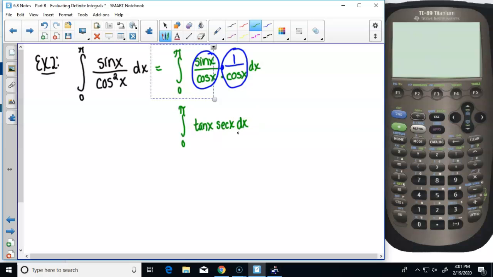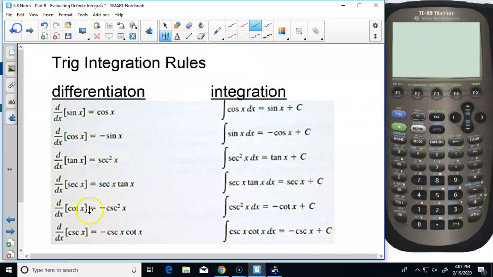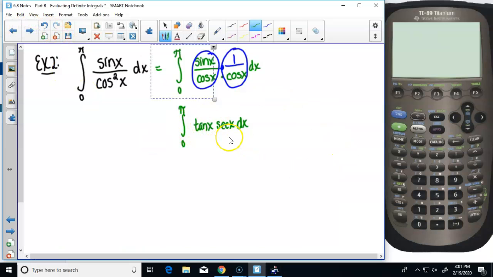This is probably not one you remember the rules for very well, but if you look in the front cover of your book, the integral of secant x tangent x is secant x. We've got tangent x secant x, but it's the same thing. So what we get when we integrate this is just secant of x, evaluated from 0 to pi.